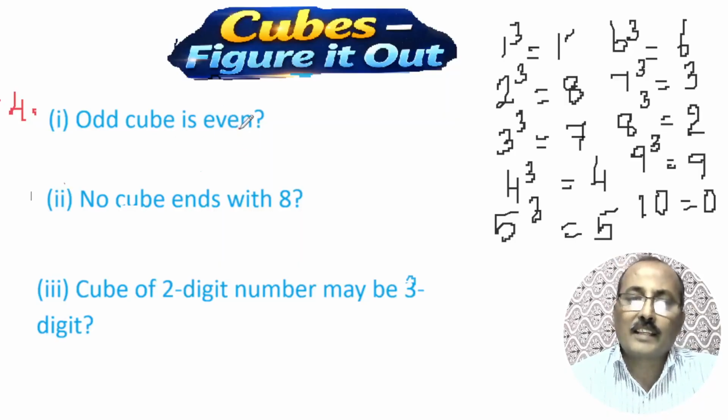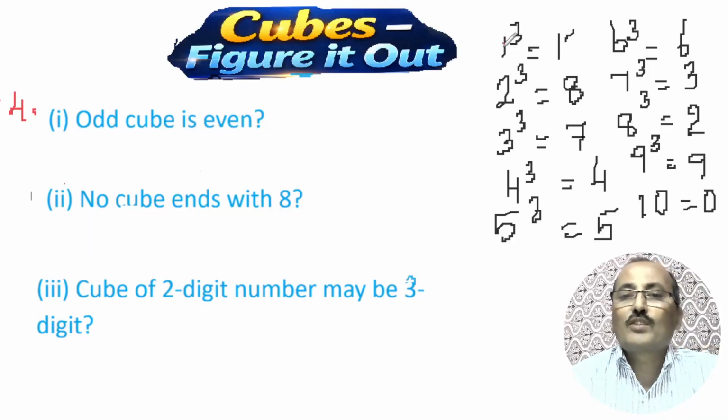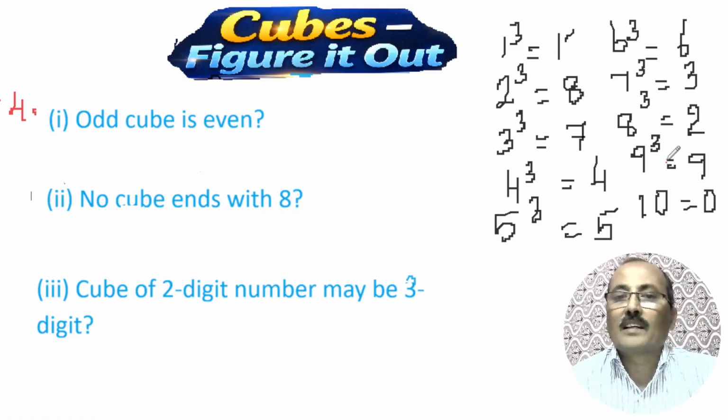Just very simple. You see here, check the odd numbers: 1 gives 1, 3 gives 7, 5 gives 5, 7 gives 3, 9 gives 9. That's all over, the 5 odd digits here.